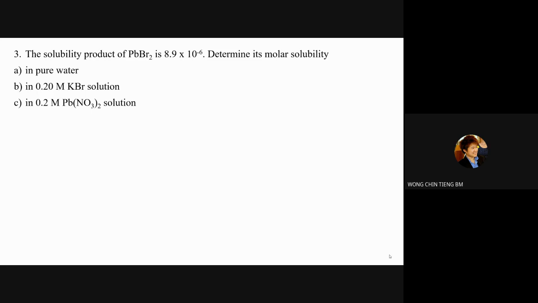Kita ada 3 sayang: solubility, molar solubility, dan satu lagi. Solubility product ni yang paling senang sebenarnya.